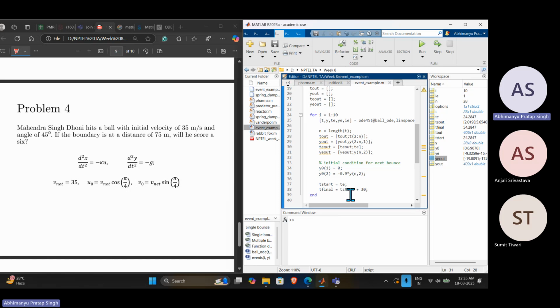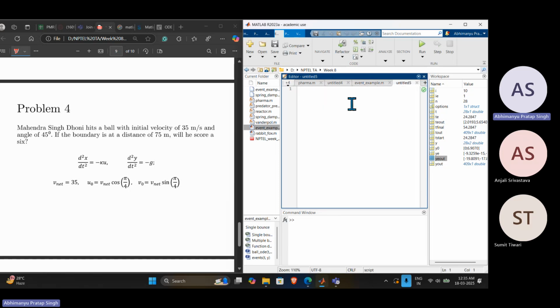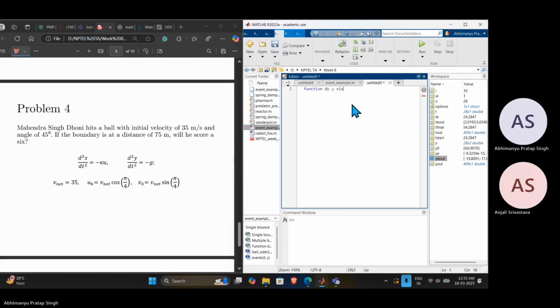I will just show this last example and then we will end this. So I will just create this function, with t comma y. This is also a second order equation, so I will get four first order equations, right?